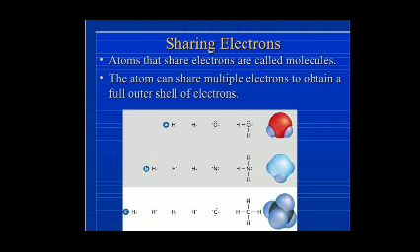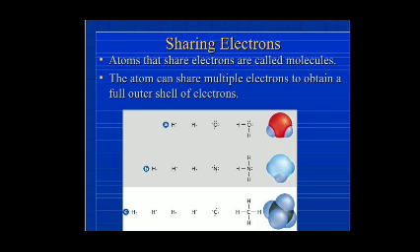A covalent bond formed between dissimilar atoms. Dissimilar atoms means oxygen and hydrogen, nitrogen and hydrogen, carbon and hydrogen. Dissimilar atoms forming a covalent bond is called a polar covalent bond. The resulting molecules are polar molecules. In this bond, the bond pair of electrons is shared unequally by the atoms.